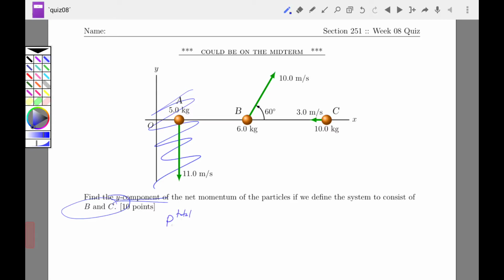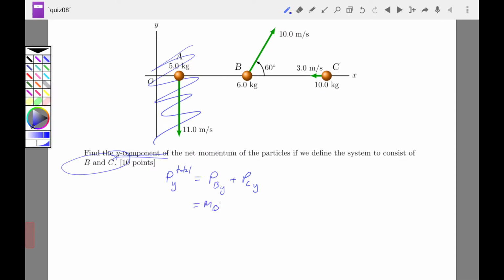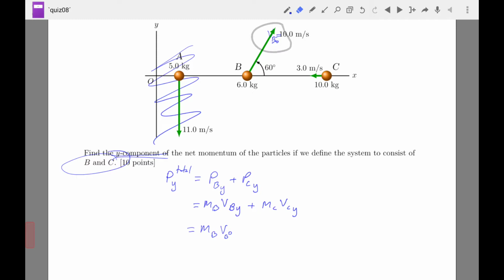So P total in the y direction is PB in the y direction plus PC in the y direction, which is mass of B times velocity of B in the y direction, plus mass of C times velocity of C in the y direction. MB, I'll call that VB naught.